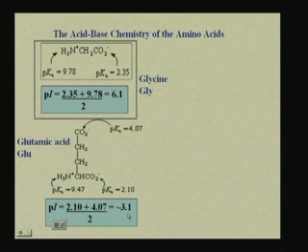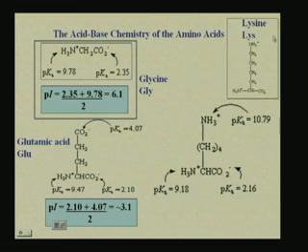The net charge of the solution will always be 0. The net charge on the amino acid depends on what the pH of your solution is. If you have a pH corresponding to the pI, then the charge on the amino acid is 0. When we have lysine, what does lysine have? Lysine has an additional NH3 plus.